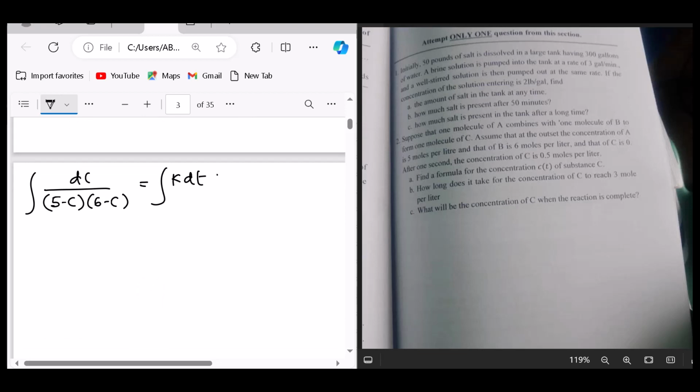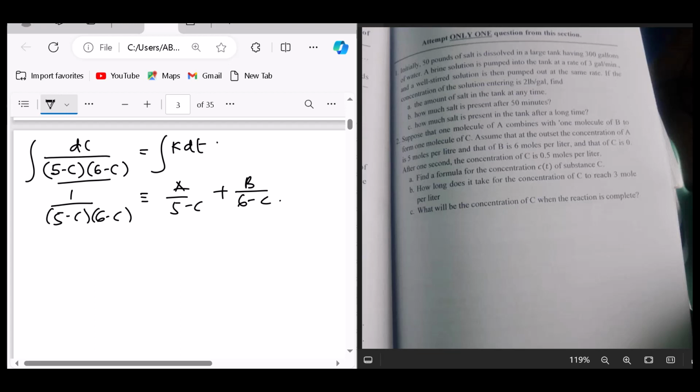Here you can use partial fractions. So I'm going to express it in terms of partial fractions: 1 over (5 minus C)(6 minus C) is equivalent to A over (5 minus C) plus B over (6 minus C).